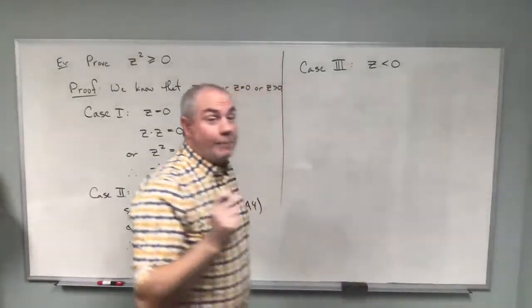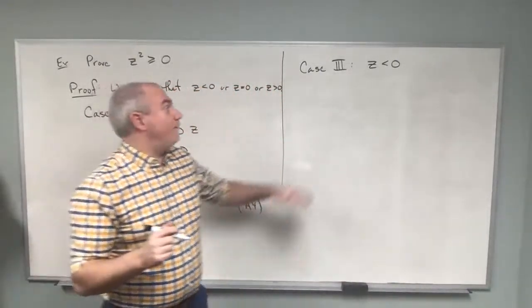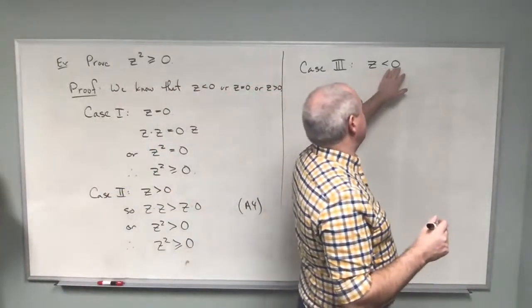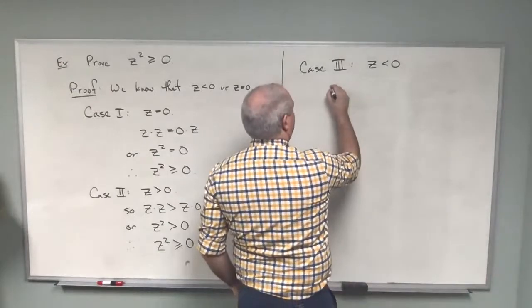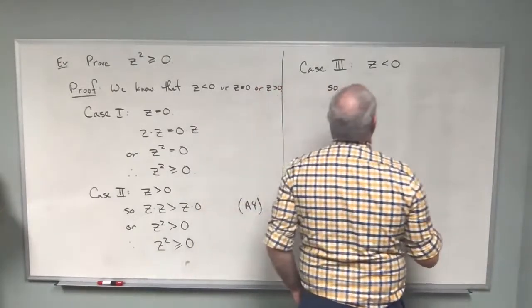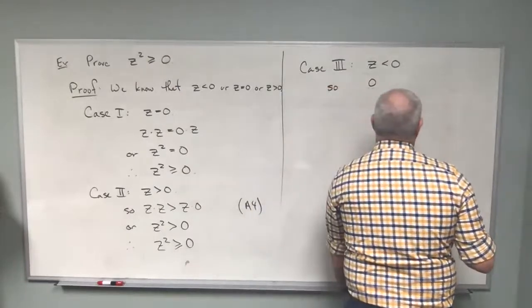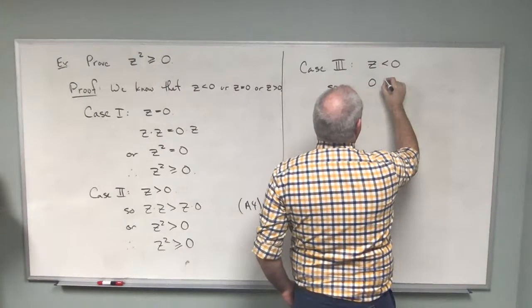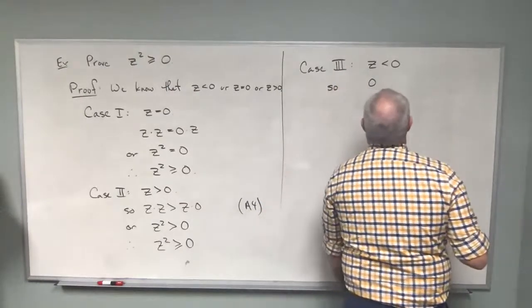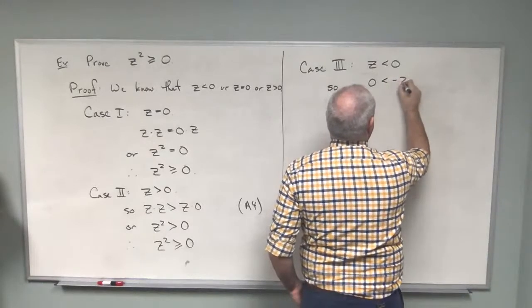But remember an example I did right at the beginning of class. If z is less than 0, then if I negate both sides, I should say 0 is less than negative z.